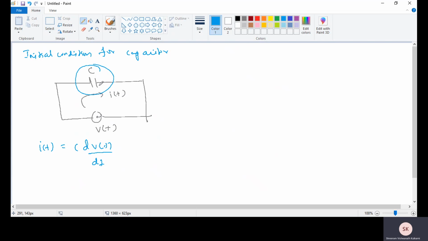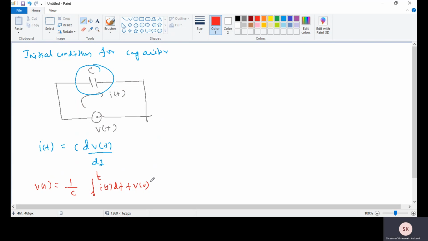But here it is not possible to instantaneously change the voltage across the capacitor. The circuit is energized, the capacitor with some voltage source. Now the voltage across the capacitor is given by V of t is equal to 1 by C integral 0 to t i dt plus V of 0.